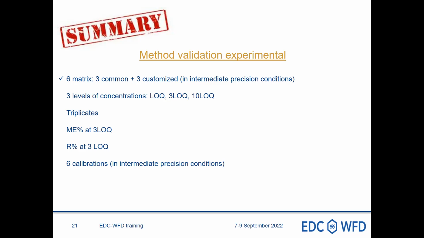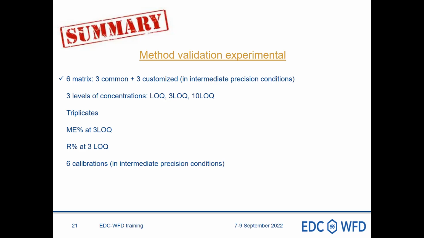All the analyses were made in triplicate. We investigated the matrix effects only at 1 level, the mid one, 3 LOQ. The recovery, absolute and relative, was also determined at the intermediate level, so 3 LOQ. And we performed 6 independent calibrations in intermediate precision conditions.